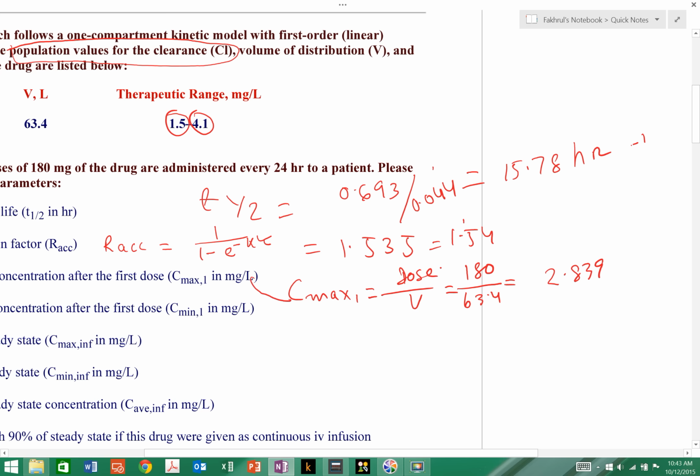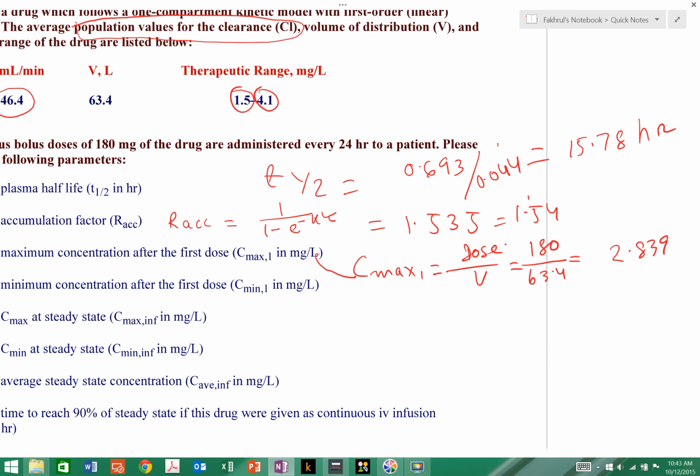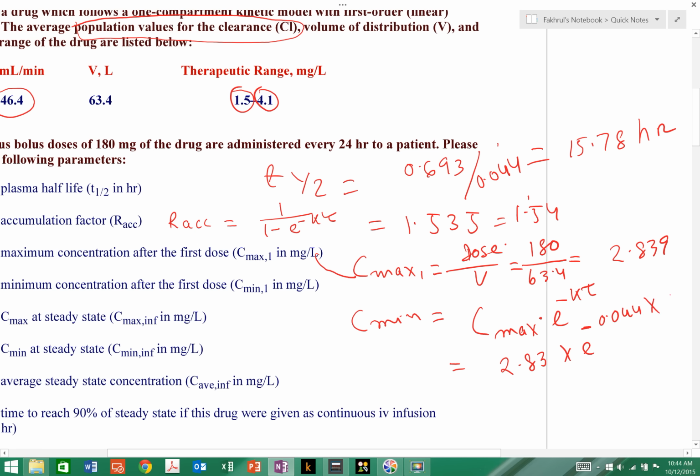And then to calculate Cmin, you have to use this Cmax. Cmin is equal to Cmax times e to the negative k tau. So you know what your Cmax is: 2.839 times e to the negative k, we have learned 0.044, and tau is 24 hours.